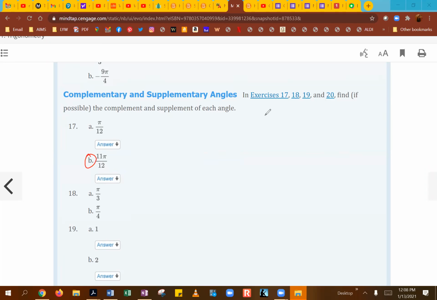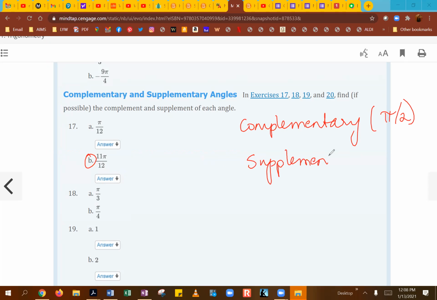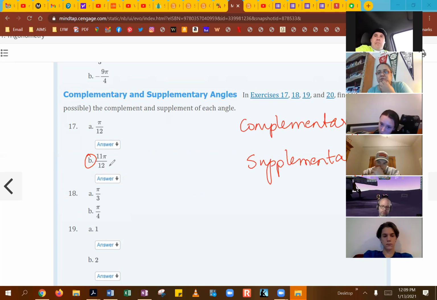Okay, so again, complementary, their sum is pi halves. Supplementary, their sum has to be pi. So if one angle is 11 pi over 12, what do you think we would need to do to find the complement for that angle? What would you do?